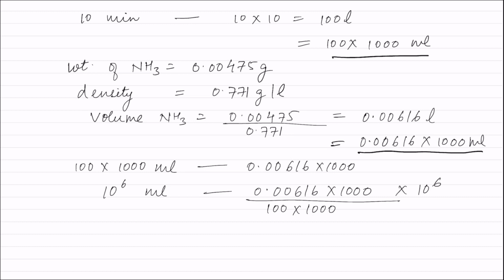Solving this, the value is equal to 61.6 milliliter. Therefore, in 10 to the power 6 milliliter of air, the amount of ammonia present is 61.6 milliliter, or it can also be said that amount of ammonia present in air is 61.6 parts per million.